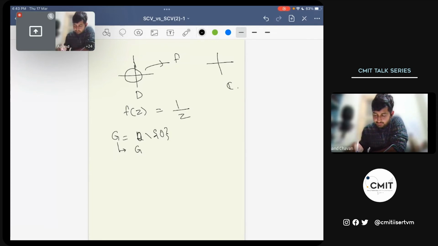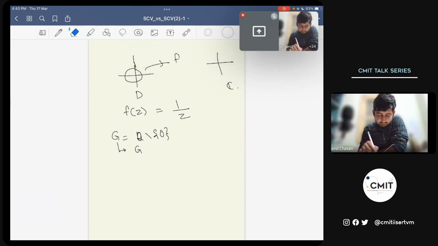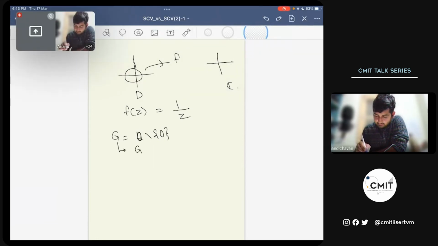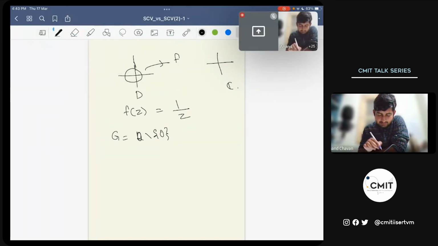Now my question is, can I make some arrangement such that my G will include the point 0, and the function still becomes holomorphic? The answer is no. So this G is the domain of holomorphy of this function.